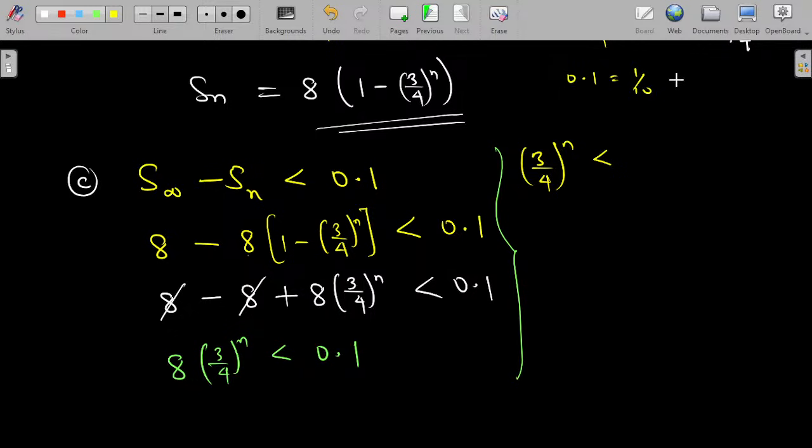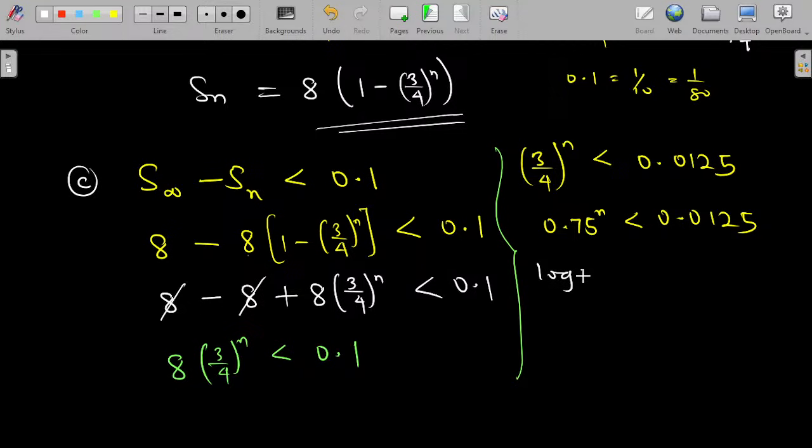So if you divide again by 8, that's going to be 1 over 80, which is about 0.0125 in decimal. Okay, and we can choose to also take this to decimal if we want, and that will be 0.75 to the power of n is less than this. Okay, so at this time, to get our n, what do you do? You take the log of both sides, and of course the log of this.